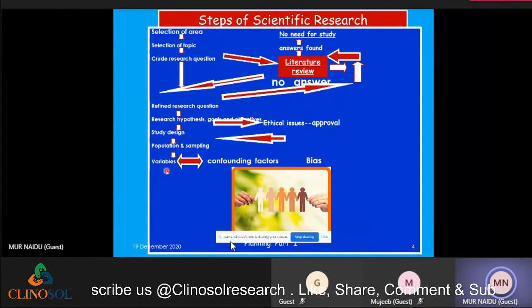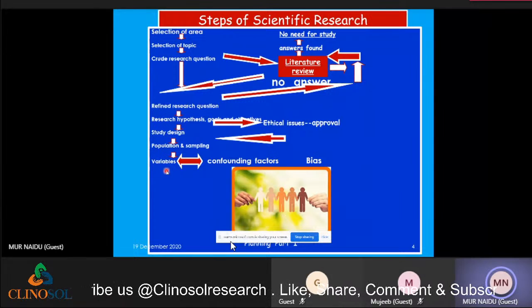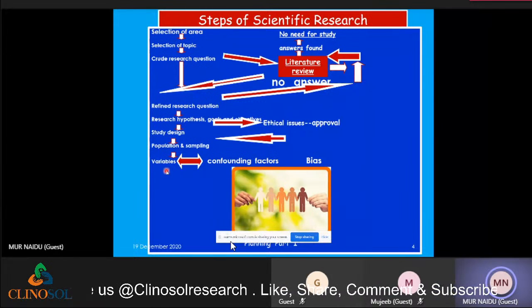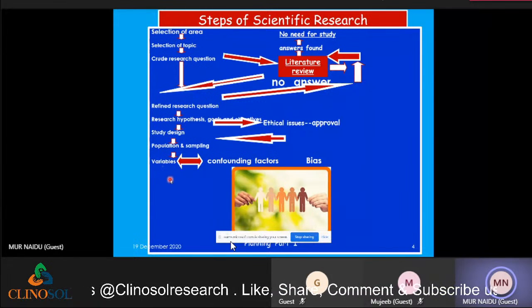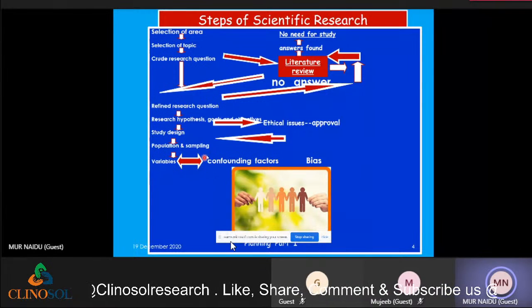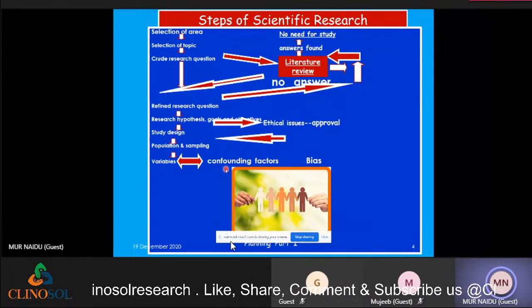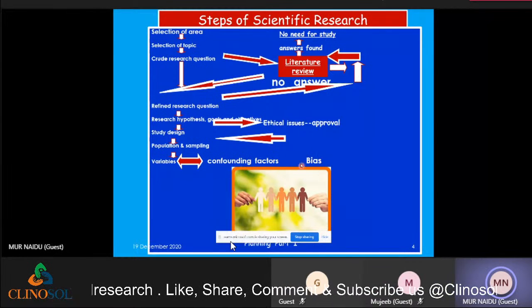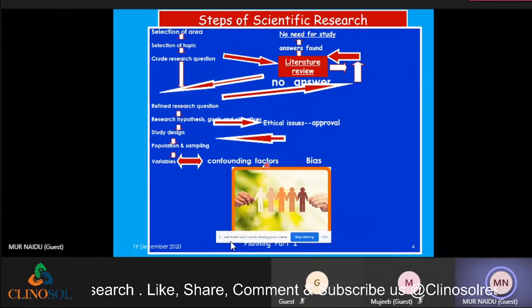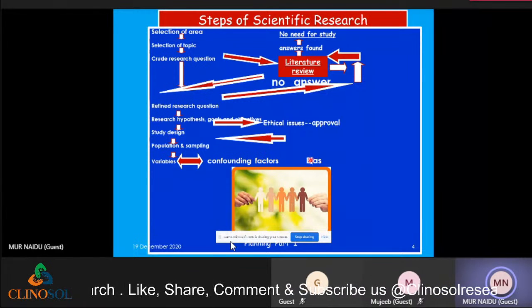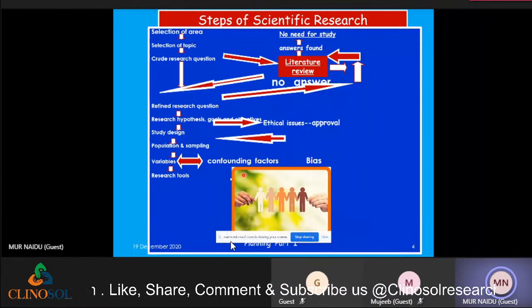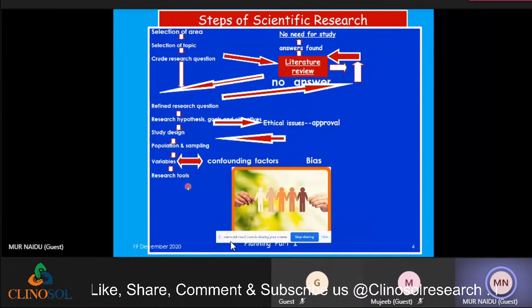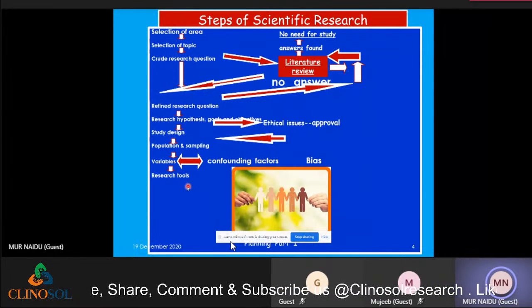These variables will be affected by so many confounding factors. So you have to identify your various confounding factors and also find out your bias. And once you identify your confounding factors and bias, then you develop your research tool.